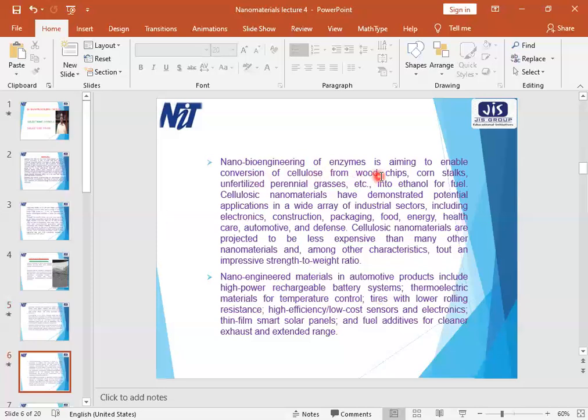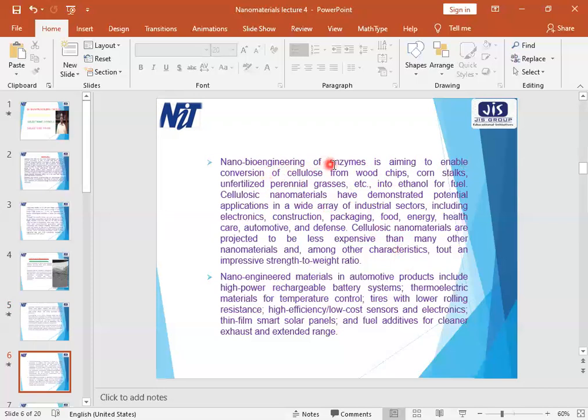Nano bioengineering of enzymes. This is also a very required thing. You see, we want to have nanomedicine, I just told you earlier. So nano bioengineering of enzymes is aiming to enable conversion of cellulose from wood chips. We know that cell walls are made of cellulose, and this cellulose is not digestible by human beings.